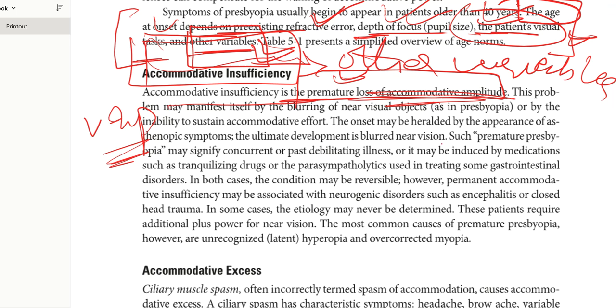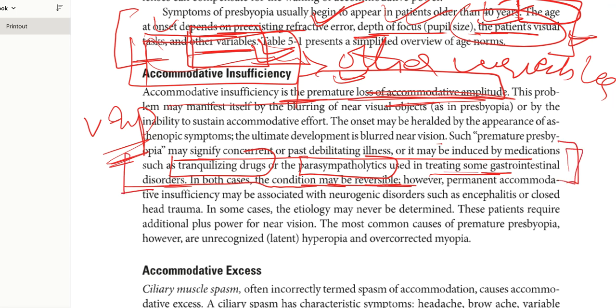Premature presbyopia caused by drugs like tranquilizers or the parasympatholytics used in the treatment of GIT conditions. In both these cases, the condition may be reversible. Please remember this. Which drugs cause accommodative insufficiency?